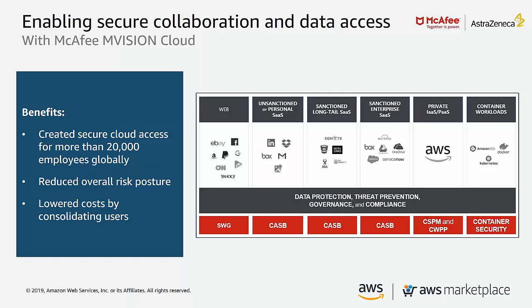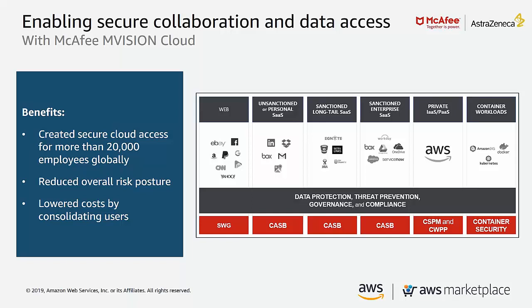AstraZeneca wanted a central control point to get a view of what's going on, but also, very importantly, to report on cloud usage to the audit committee and the executives, right? So typical questions from the executive are: what are we using the cloud for? Where's our data going? Who has access to it?